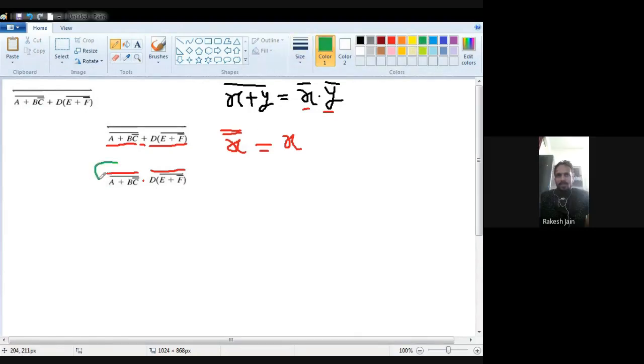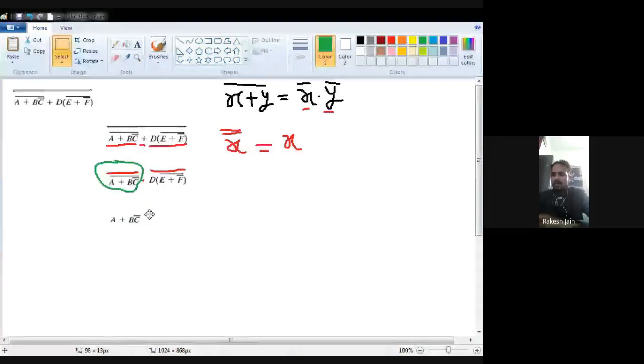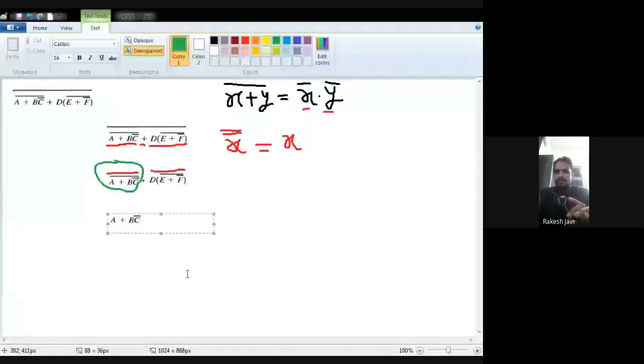Similarly in the first term, see there are two bars, so the bar to bar will be cancelled out and only A plus BC bar will be remaining. Okay, then dot is there, I just put a bracket there so that you will not be confused.